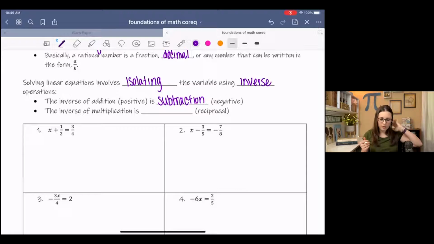The inverse of multiplication is division. Division is actually the multiplication of the reciprocal. Reciprocal means you just flip it. So opposite of addition is subtraction, or positive and negative. The opposite of multiplication is division, or just flip the fraction.